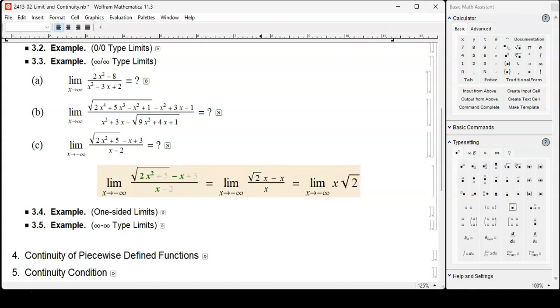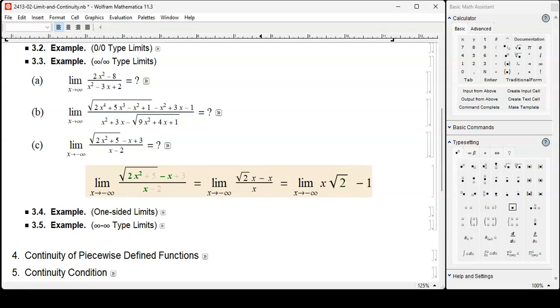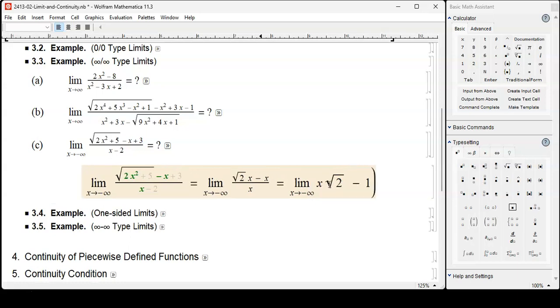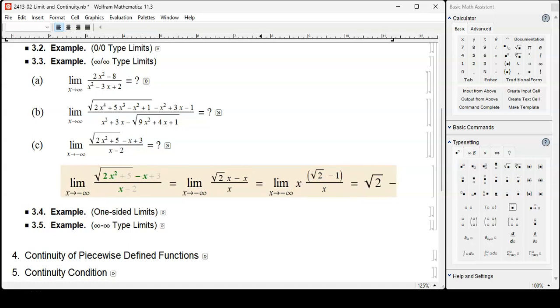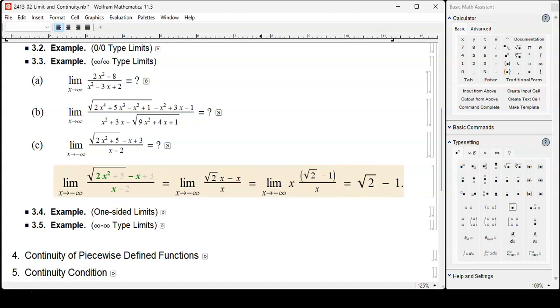X square root of 2 minus 1 over x. After crossing out, finally I get square root of 2 minus 1. Looks good?